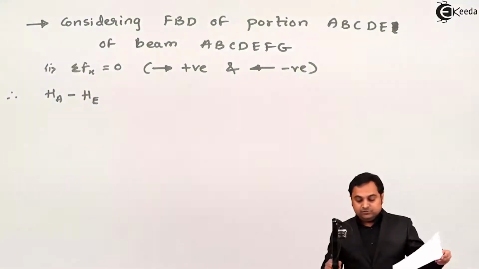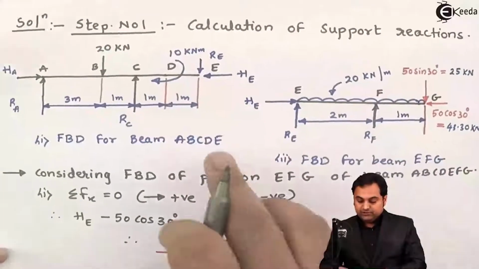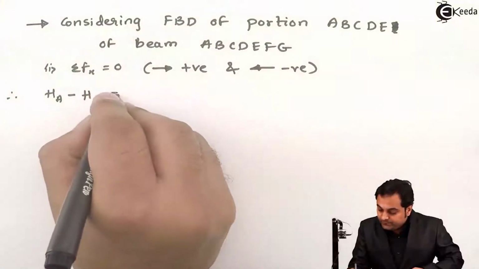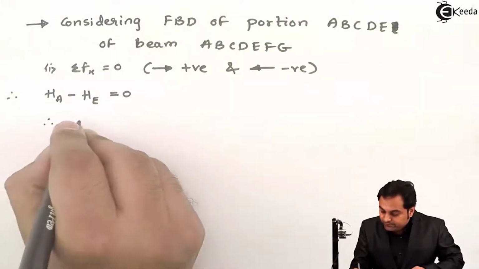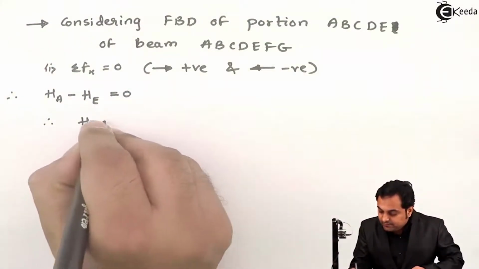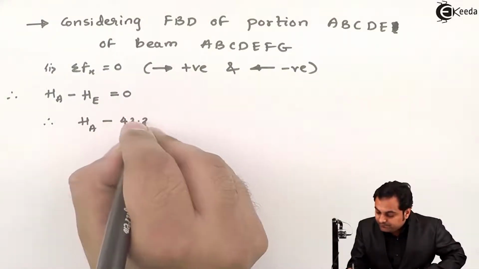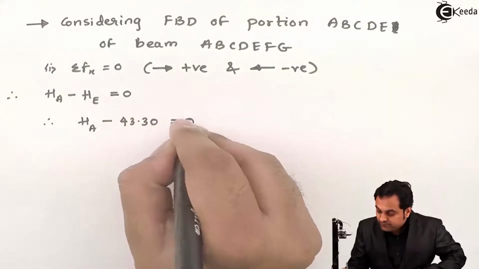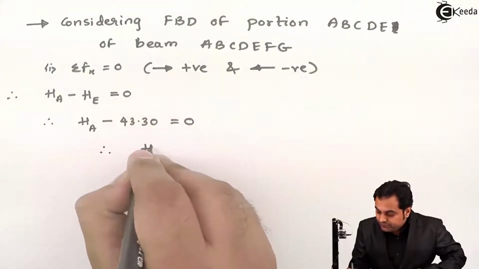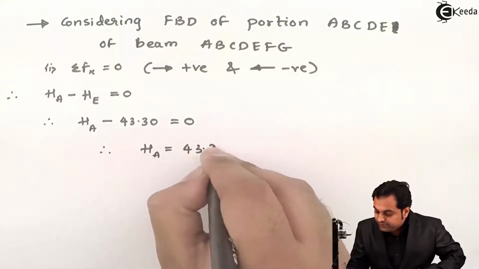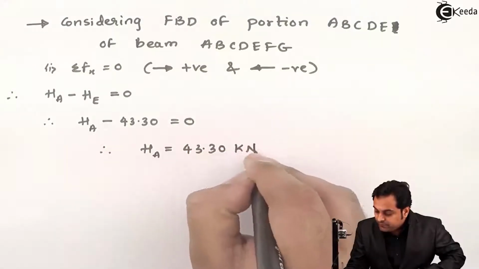Apart from this, no horizontal forces are present in this part, so this is equal to 0. Therefore HA minus HE, whose value is 43.30, is equal to 0. So the horizontal reaction at A will be 43.30 kilonewton.